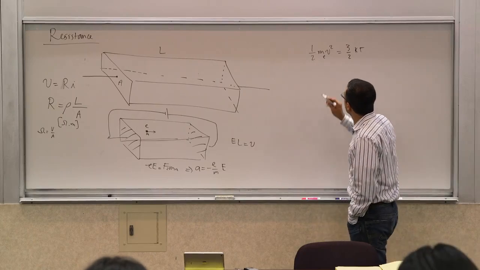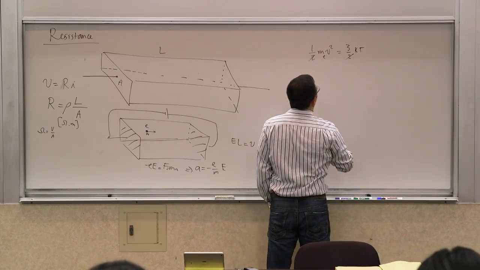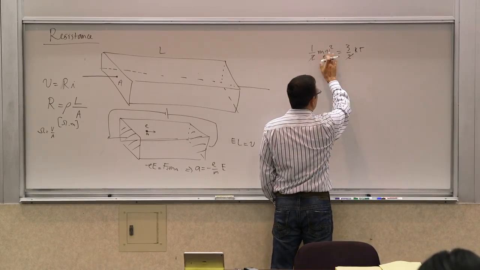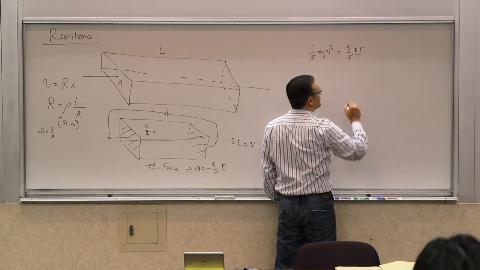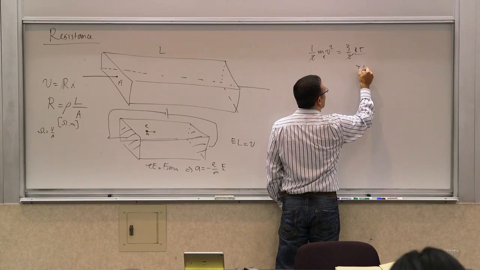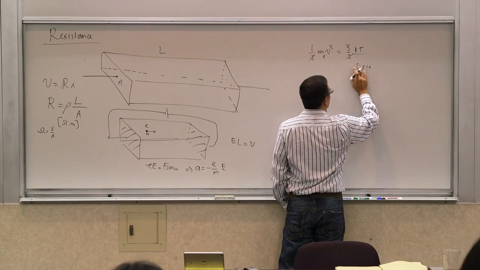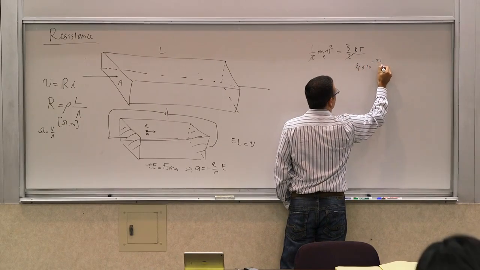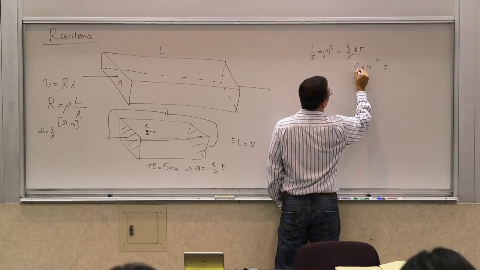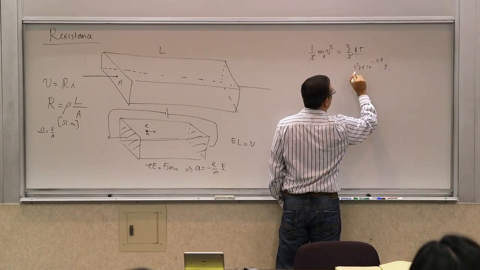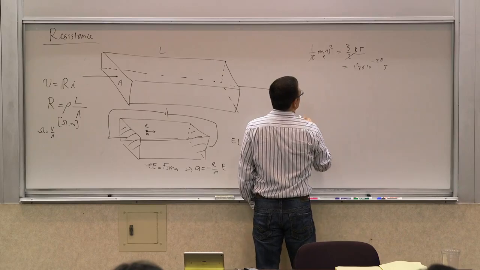So if I calculate this, let's get rid of these. Again, there's some assumption here about root mean square average, and there are different kinds of average, but it doesn't matter. kT at room temperature, we said, is 4 times 10 to the minus 21 joules. Times 3, that's 1.2 times 10 to the minus 20. I really should drop this, but I will just keep it.